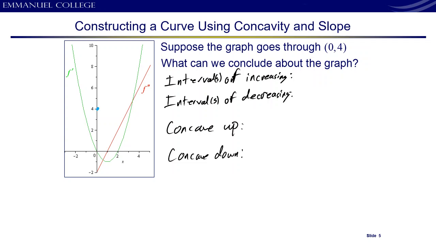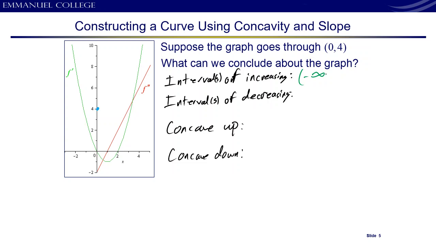So if we look at the first derivative, this function is positive from negative infinity to 0, and then again from 2 to infinity. So remember, where the derivative is positive, the function is increasing.